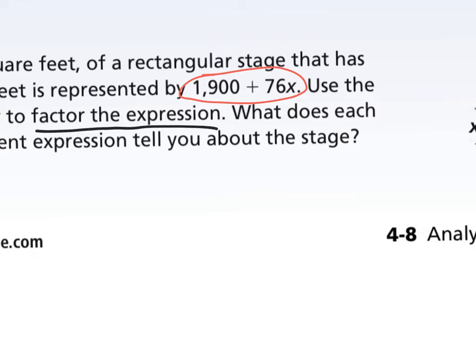Well, if we look at our numbers, 1,900 and 76 are our two numbers. What's the biggest possible number that they could both be divided by evenly? 76 would be the biggest possible number because 76 is our smallest number. 76 divided by 76 obviously comes out evenly. The question is, if we do 1,900 divided by 76, whether that comes out evenly. So we could check that out.